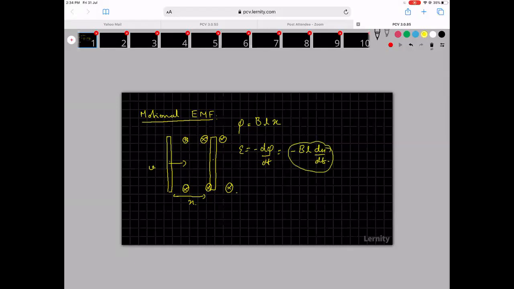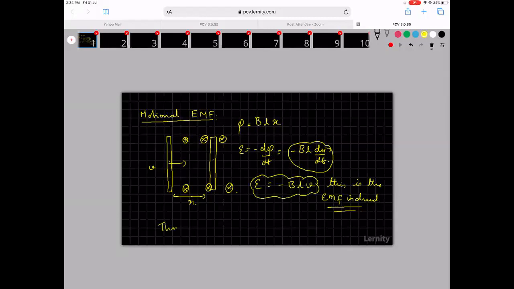So dx by dt is velocity. So the EMF is equal to minus BLV. Yeah, so this EMF has come because of the motion of the rod.